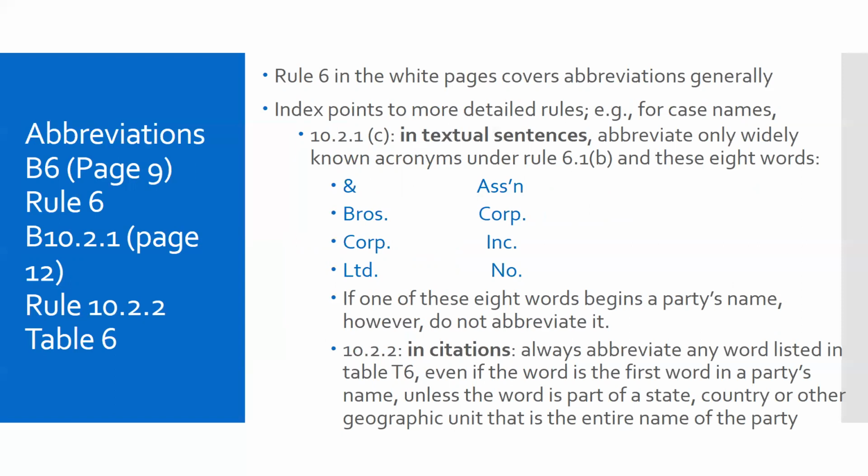And if one of these words begins a party's name, then we're not going to abbreviate it. But when we're in a citation format, then we're going to go ahead and abbreviate any word listed in Table 6, even if it is the first word. So just remember there is some distinction on abbreviation, whether it's in a textual sentence or if it's being used as a citation itself.